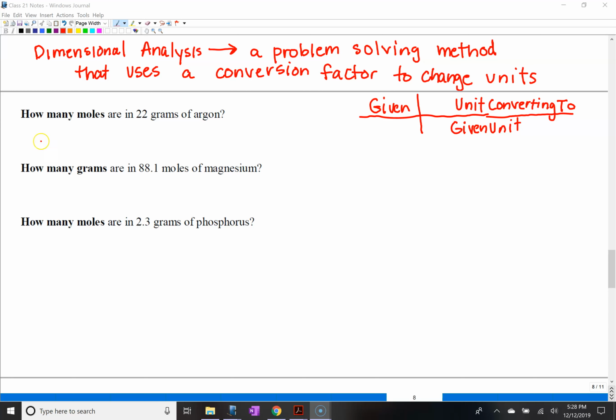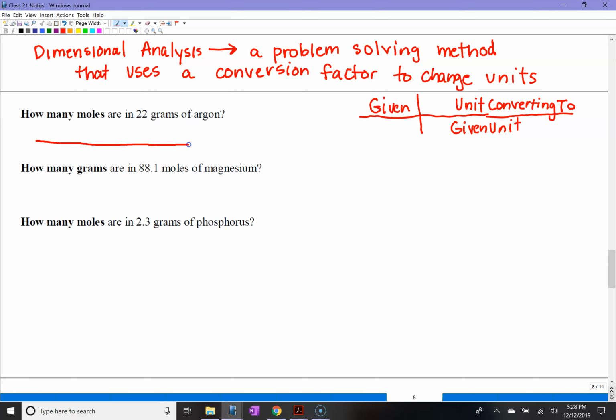We're going to set up our dimensional analysis problem by first making what we call a T-chart. In the upper left box of our T-chart, I'm going to take the number and the unit that I'm given in the problem. In this problem, I'm given the fact that I'm starting with 22 grams of argon.